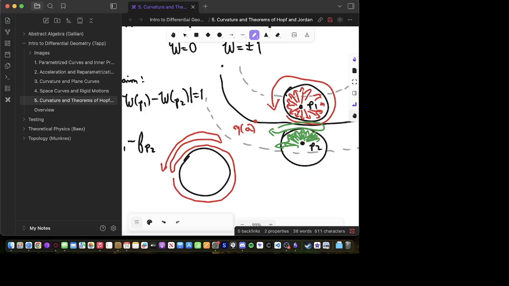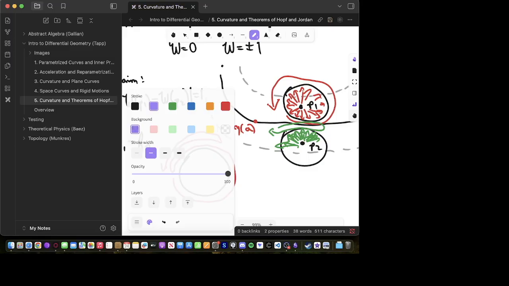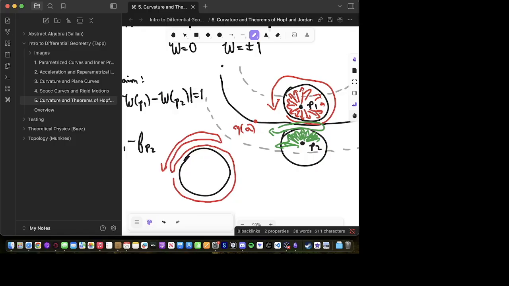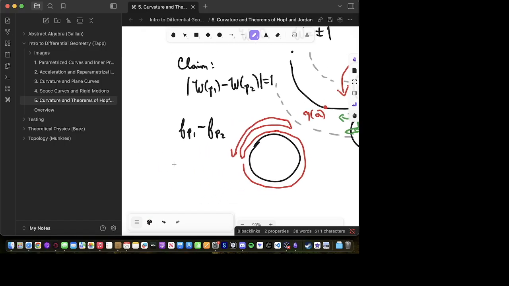Now, I don't know about you, but to me, that looks like one full rotation. And that means the degree of fp1 minus fp2 equals 1.